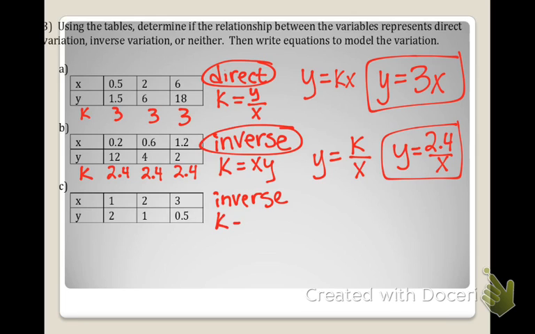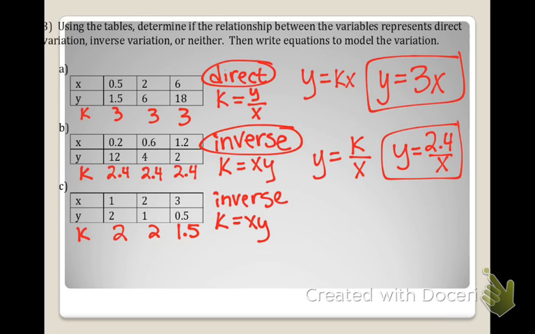We'll find our k values by doing what? X times y. So when we make our k column or k row, x times y. So 1 times 2, 2 times 1, 3 times 0.5.